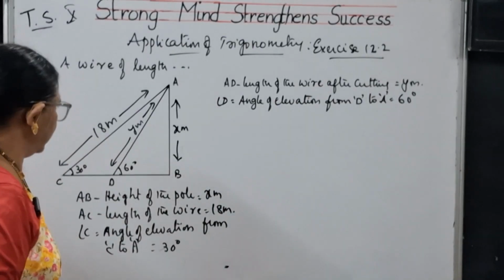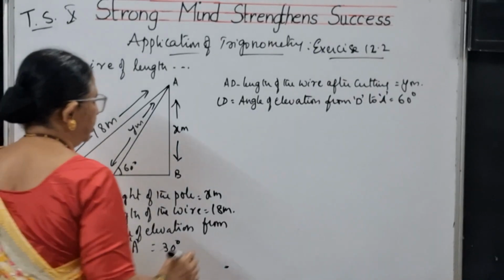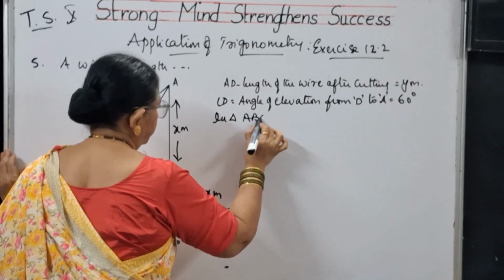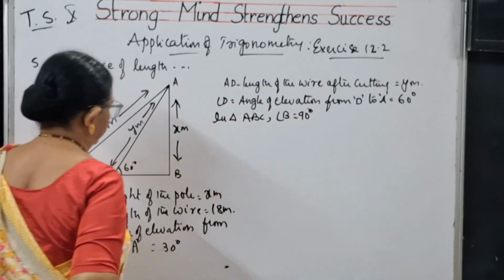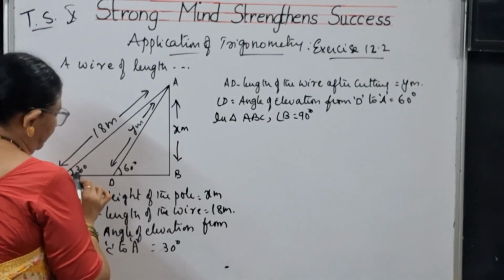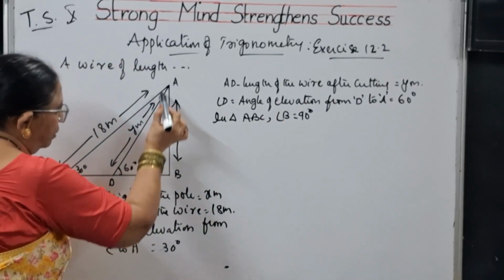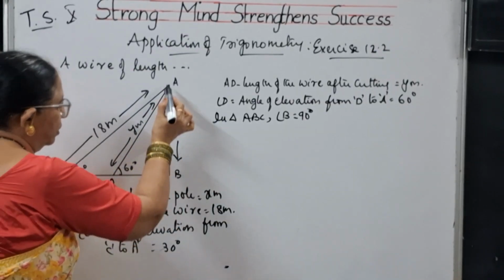First let us take triangle ABC. In triangle ABC, angle B is 90 degrees. Now this is 30 degrees, children. This is 30 degrees means you have got opposite side and hypotenuse.